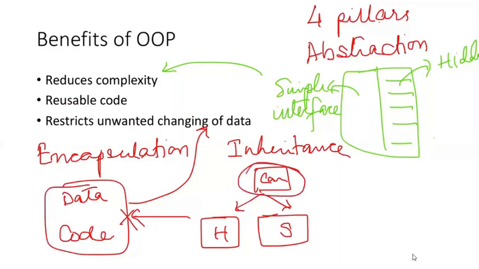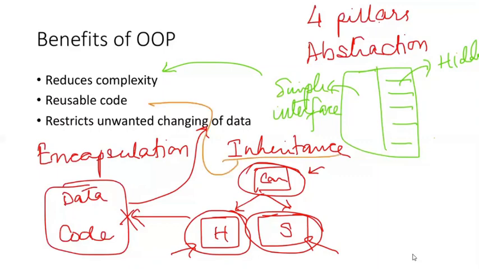The common code, which is for both hatchback and sedan, can be kept with the car, and the code and the data specific to the hatchback can be kept with the hatchback. Similarly, specific code and data for a sedan can be kept here. As a result, the code and the data that are there in the car can be reused efficiently by the hatchback as well as the sedan. So inheritance helps in maintaining reusable code.